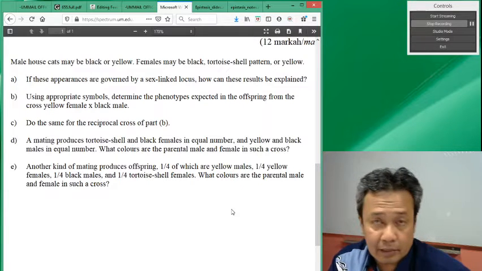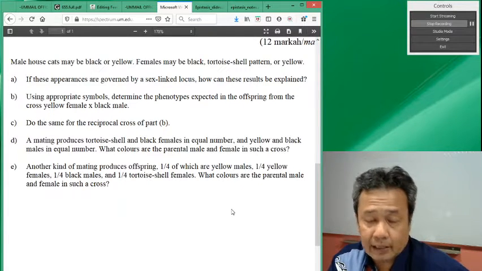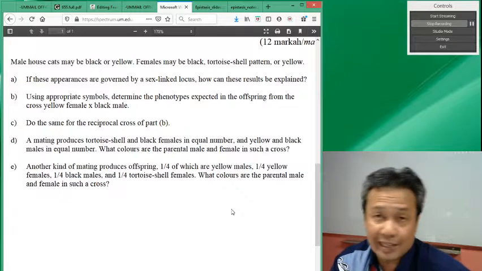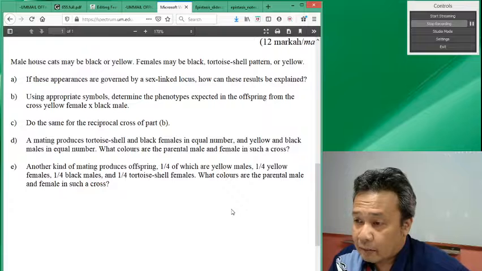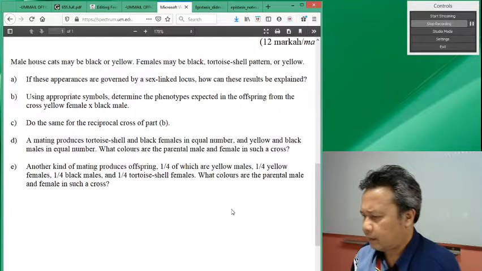Males carry only one X, so it can either be a black cat or a yellow cat. Now B, using appropriate symbols, determine the phenotypes expected in offspring.